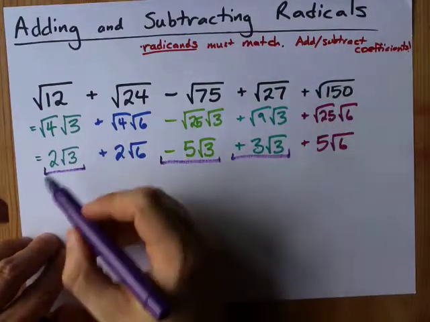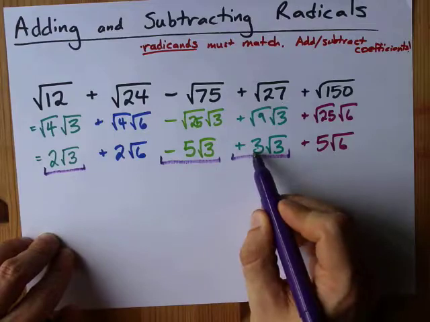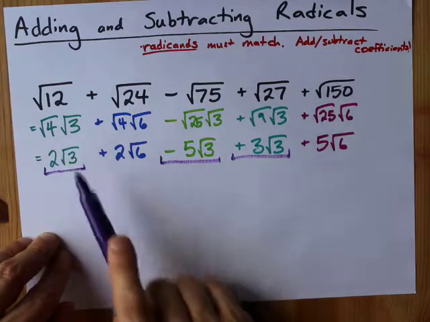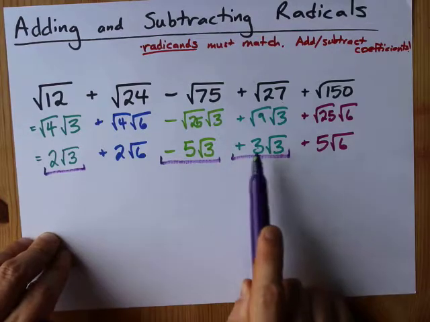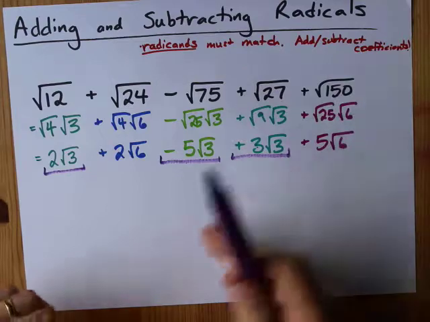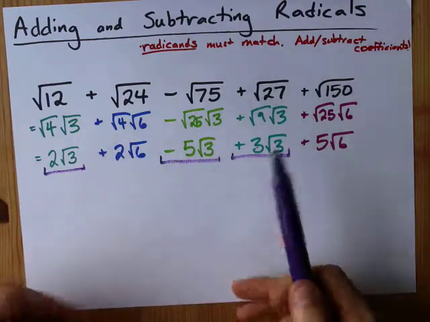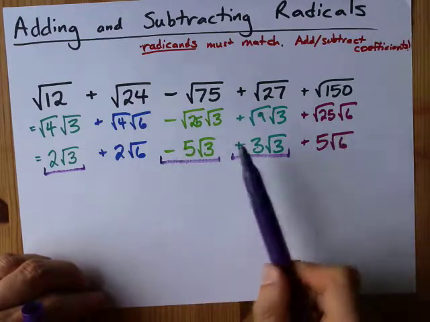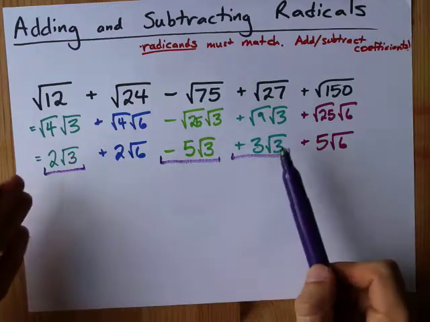Now what I'm actually going to do is take the whole numbers and combine those with addition or subtraction. Just like if this was 2x minus 5x plus 3x, I'm going to add these in the same way. The x doesn't change, the root 3 doesn't change, the numbers are combining. 2 minus 5 is negative 3, plus 3 is 0.